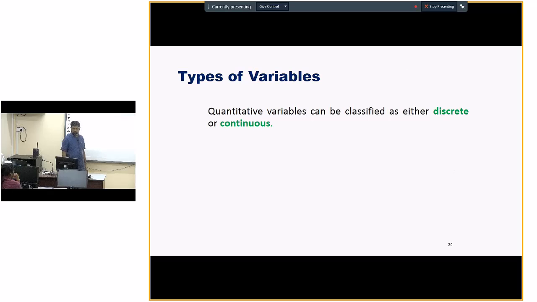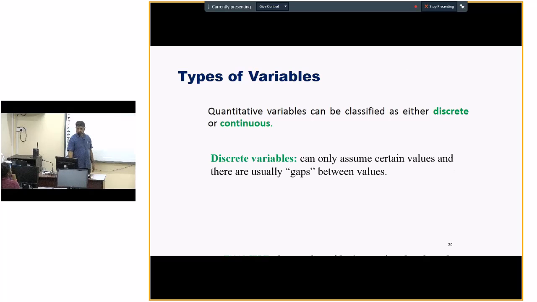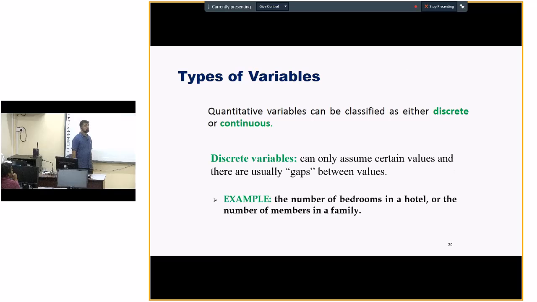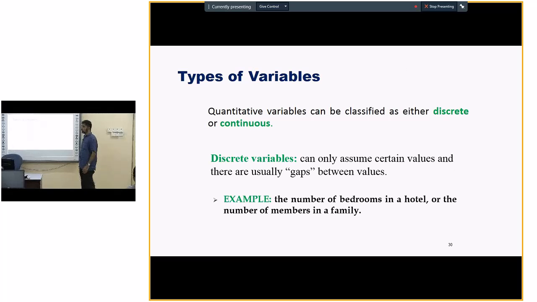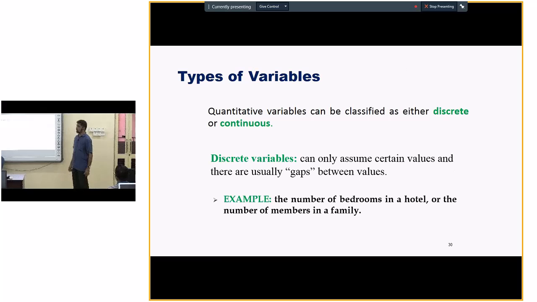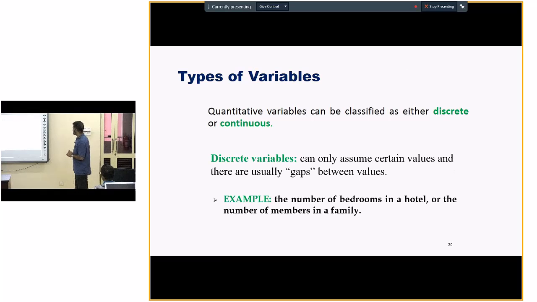Then quantitative variable, yes, again we can divide into discrete and continuous. A discrete variable can only assume certain values and there are usually gaps between values, two integers, right? The number of bedrooms in a hotel, right?